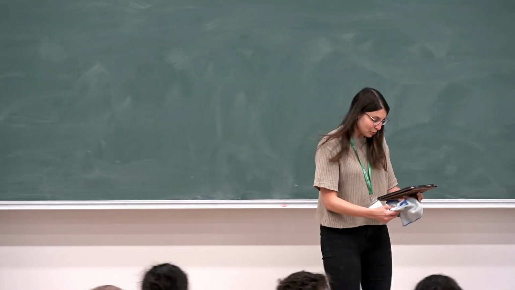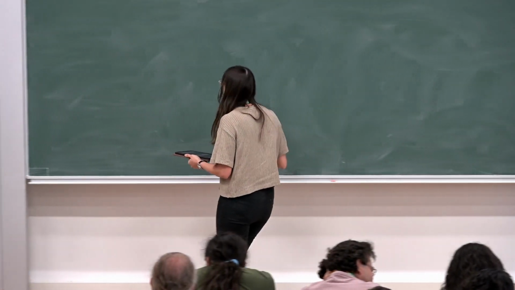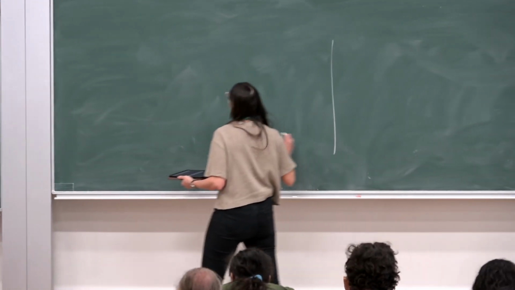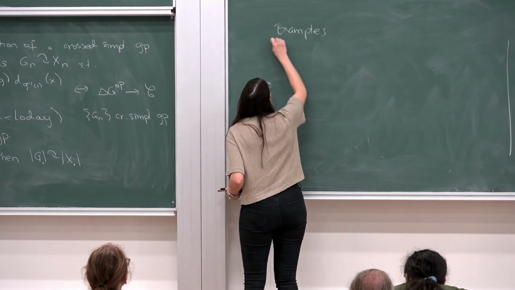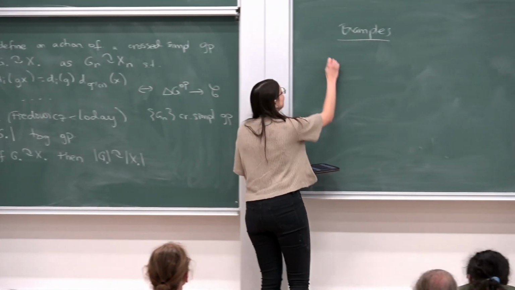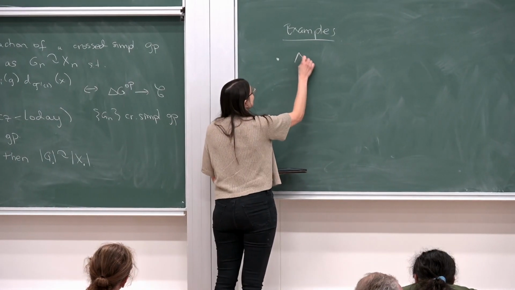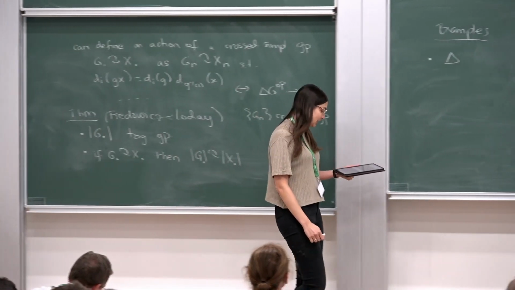Okay, so many examples of cross-simplicial groups. Let's start with the obvious examples. If I just take Delta, of course, that is a cross-simplicial group.